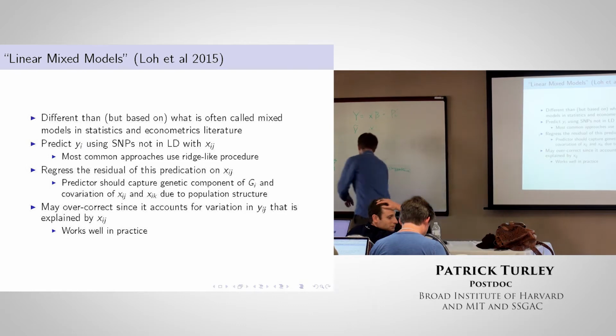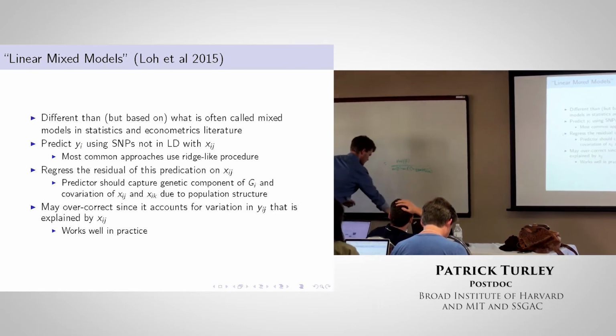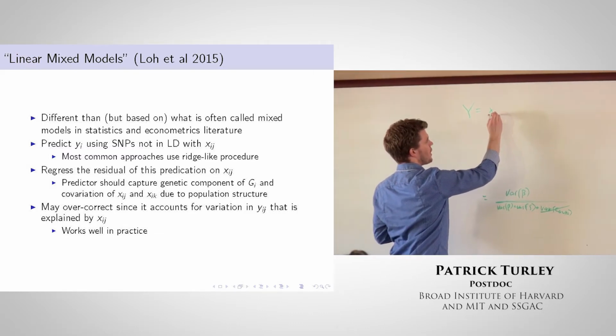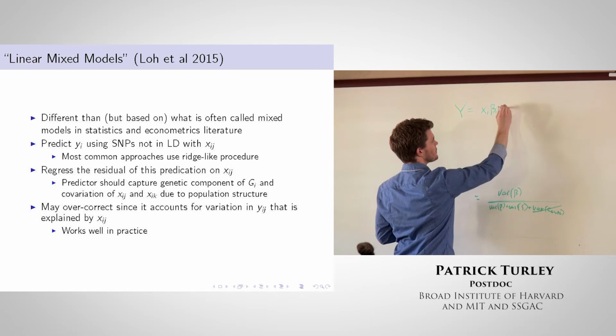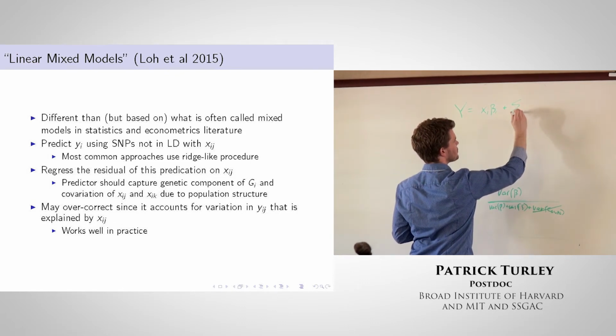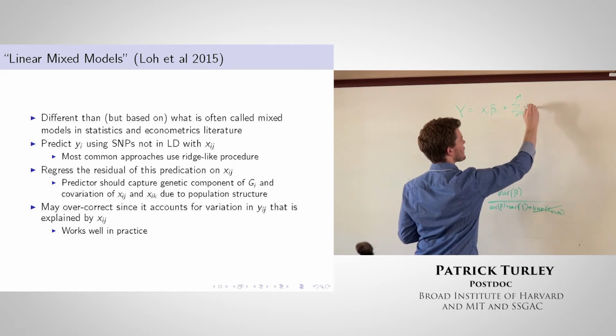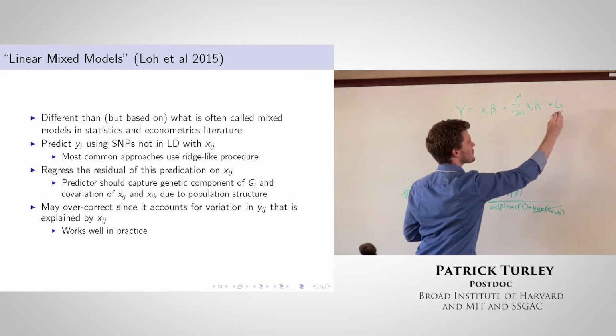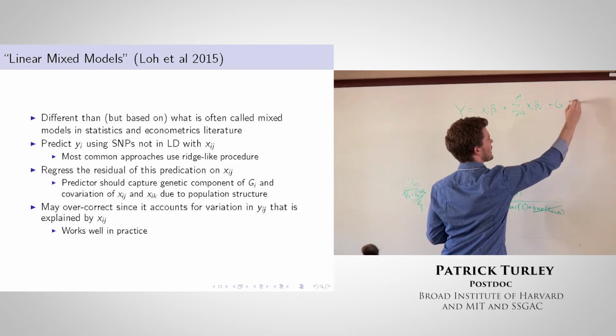Yeah. So this is maybe one way to look at it. We have y equal to x1 beta 1 plus the sum over j equals 2 to m of xj beta j plus g, plus the error, right?